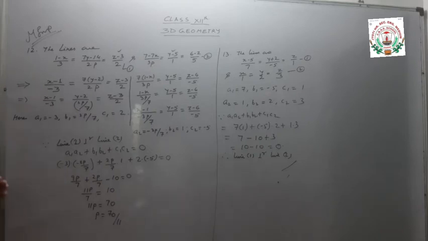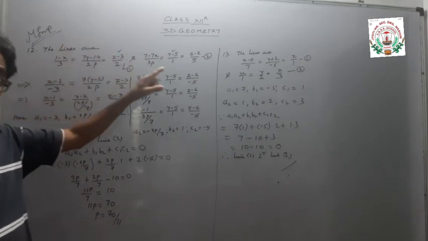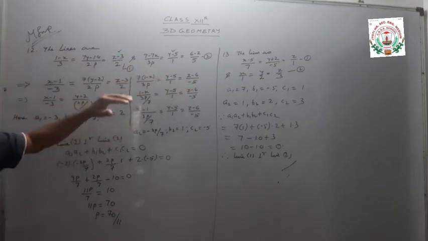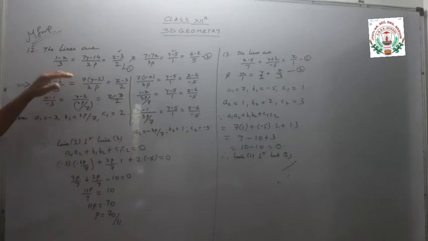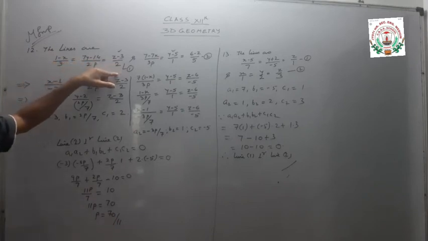So, for this type of equations in the Cartesian form of a line, you have to be careful about the passing points in the general formula and the direction ratios also. Because here this equation is not in the form of x minus x1 upon a1, y minus y1 upon b1, z minus z1 upon c1, so I have converted this.